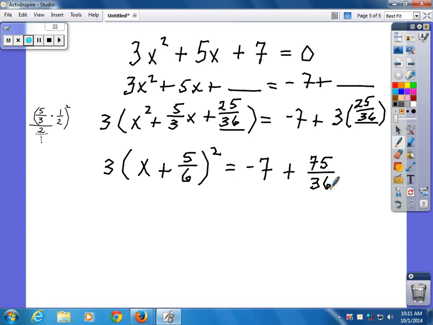And somebody multiply 7 by 36. What do you get? 252. 3 times x plus 5/6 quantity squared is equal to what? 252.